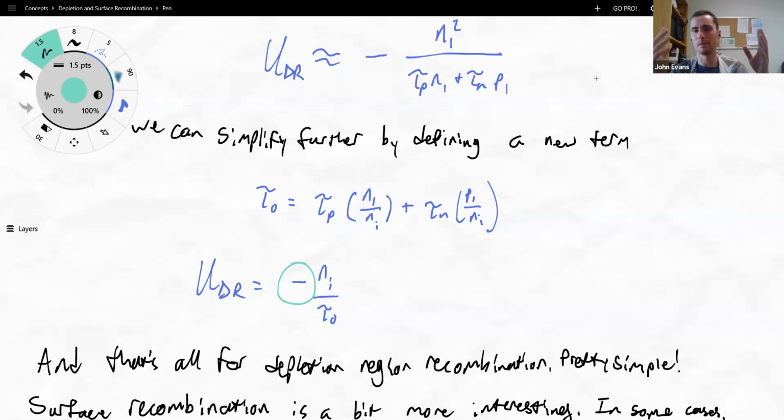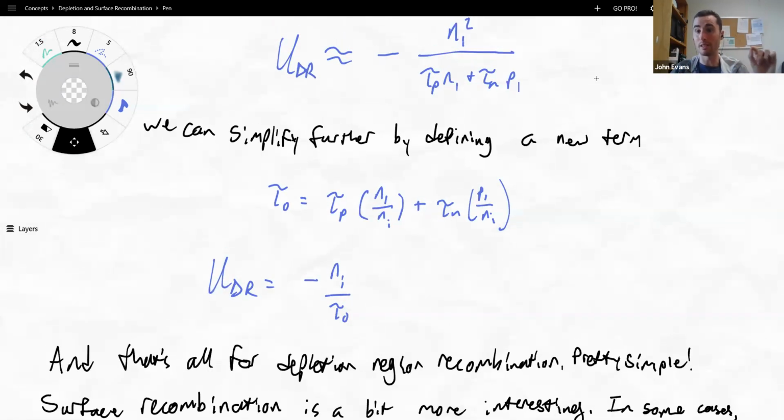So like if the tau is 5 seconds, you might expect like one generation event every 5 seconds. So when you take the number divided by the time, you get a rate, and that's what our generation rate is here. So just an interesting note, it actually is going to pop up again later in this lecture. But if we put it together that way, this is just saying this is the rate of generation in the depletion region, and that's it, pretty easy.